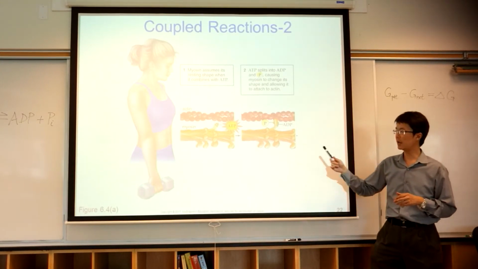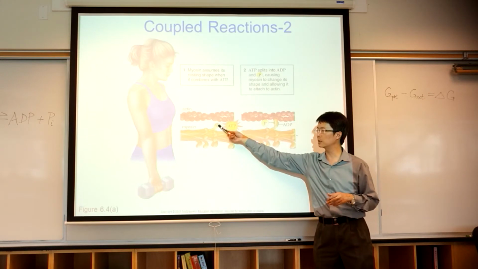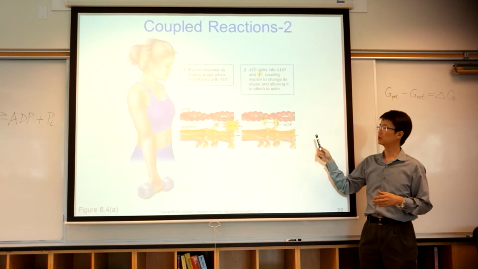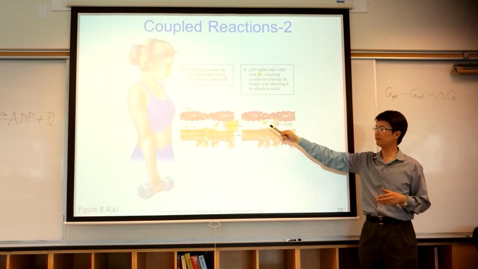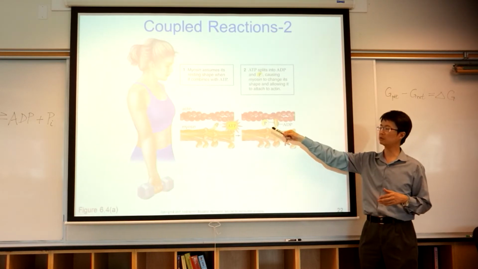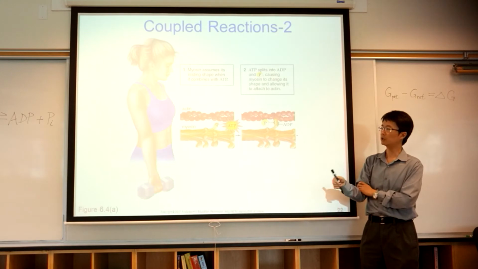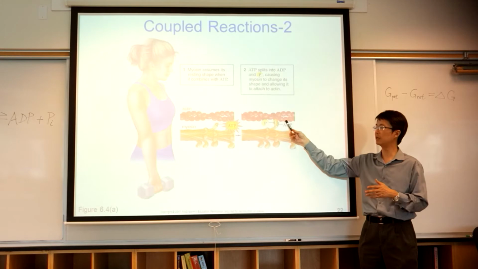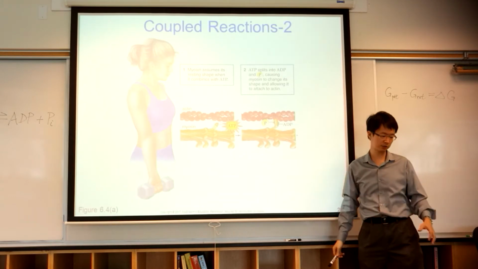Attaching ATP to the myosin will relax the muscle. So after the ATP is attached to the myosin, you relax the muscle, but the hydrolysis of ATP into ADP will cause muscle contraction.